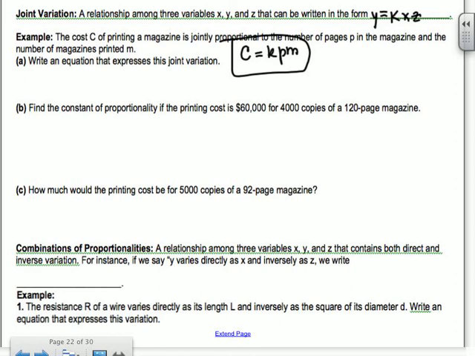Find the constant of proportionality if the printing cost is $60,000 for 4,000 copies of a 120-page magazine. So P is 120. M is 4,000. Your cost is 60,000.